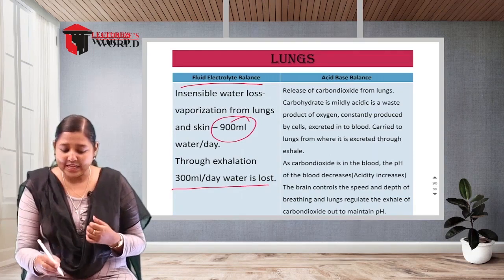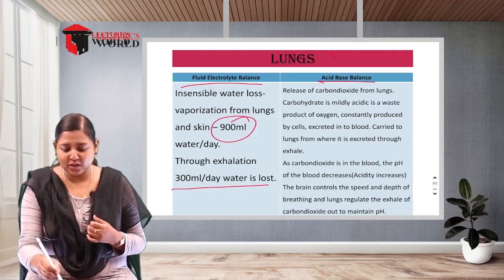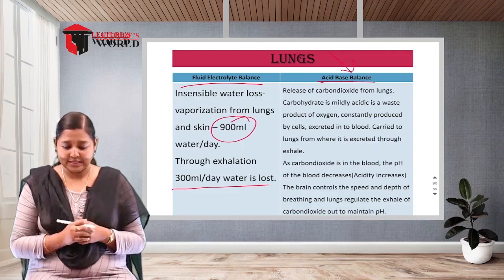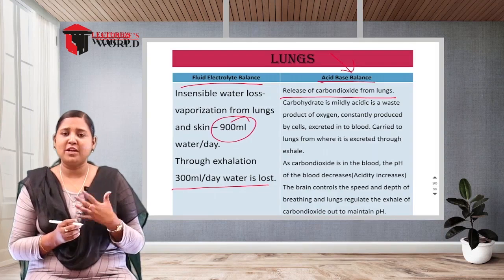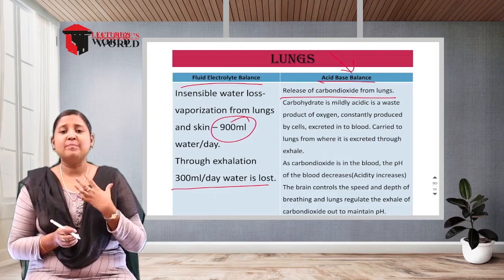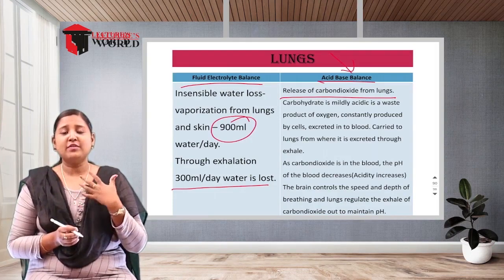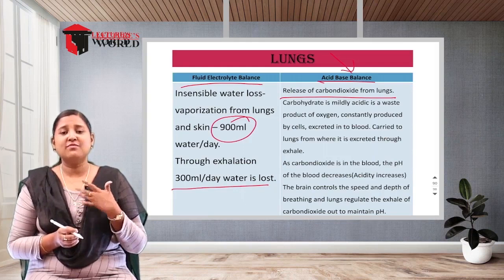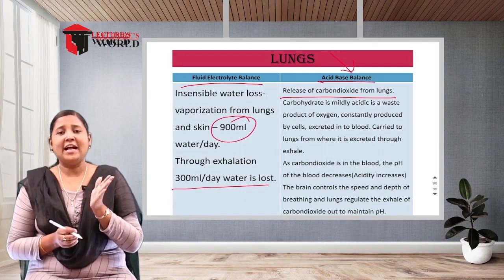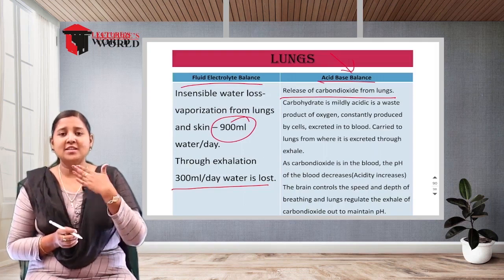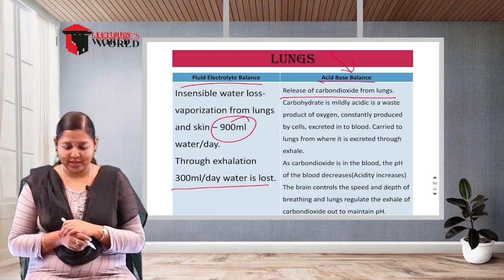Whereas in acid base balance, the main function of the lungs is releasing carbon dioxide. Everybody knows we inhale oxygen, and carbon dioxide, produced as a waste product from the cells, is carried through the blood to the lungs, and the lungs exhale the carbon dioxide outside.